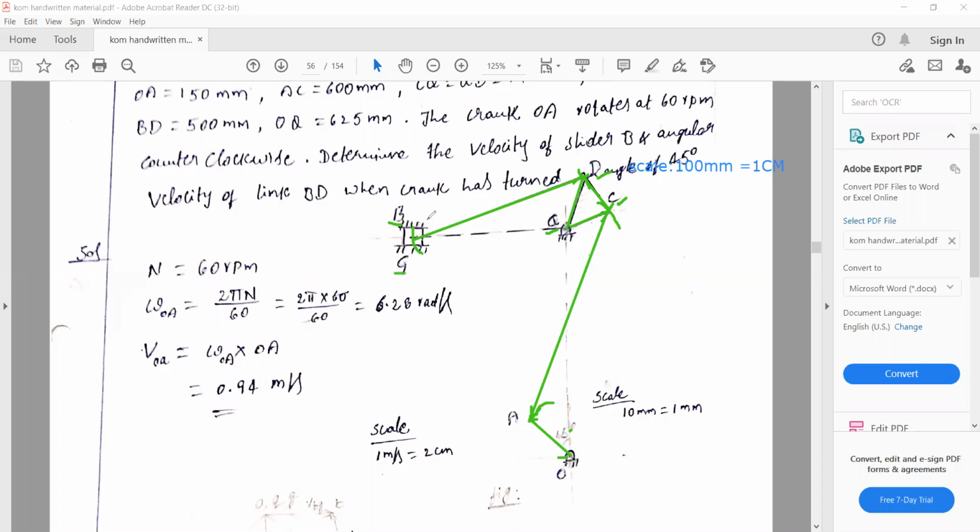The slider is between the guides, indicated with G. This is the configuration diagram of our mechanism.